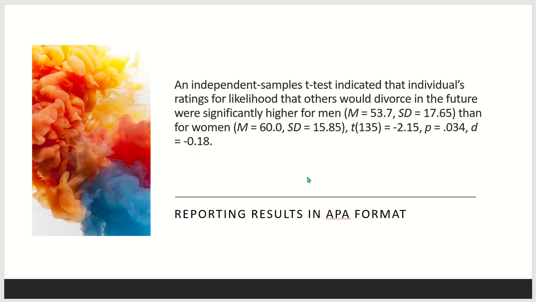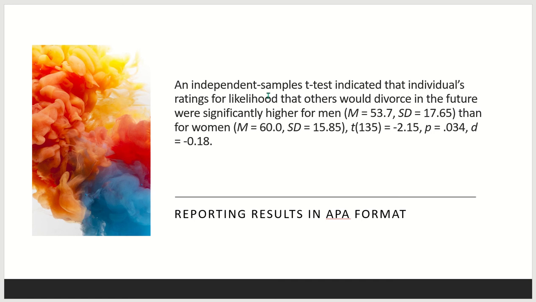So we would write a sentence much like this. For your research, you can actually take this sentence and just plug in your own variable names. So if you're testing maybe a person's measure on some kind of emotional score, you would put in an independent samples t-test indicated that individuals' emotional scores were significantly higher for men than women.